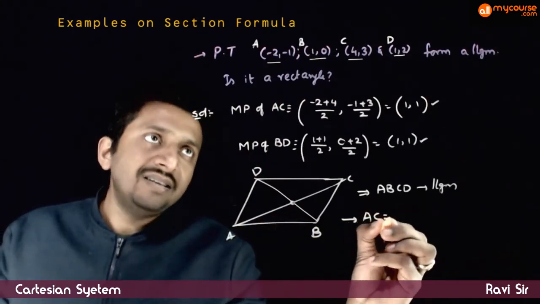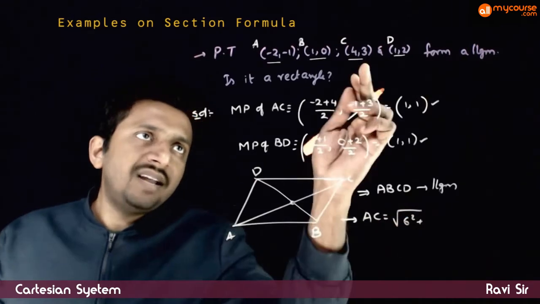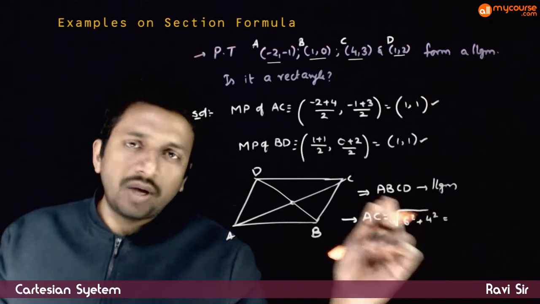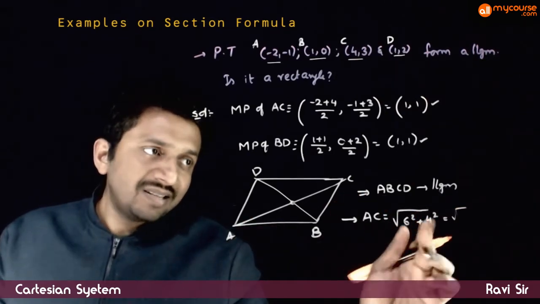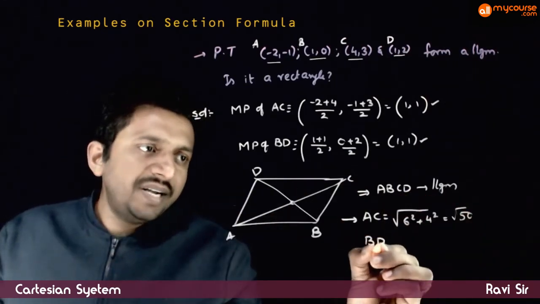So what is AC? Root of (4 plus 2) whole square plus (3 plus 1) whole square. Root of 6 square plus 4 square, that is equal to root of 36 plus 16, root 52. And what is BD?